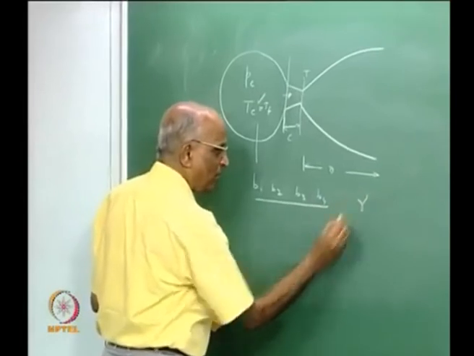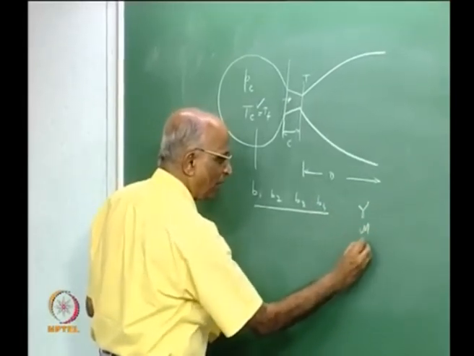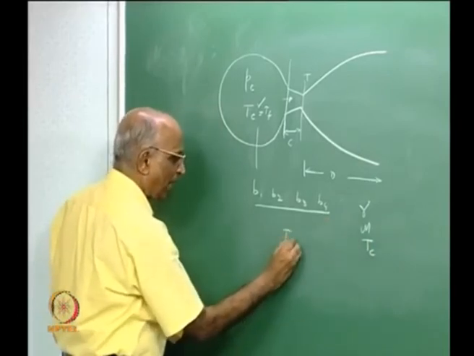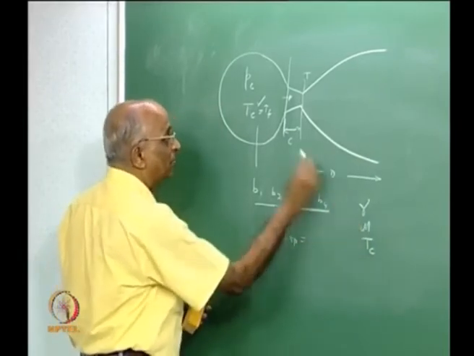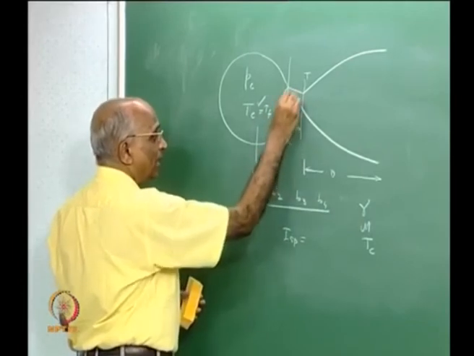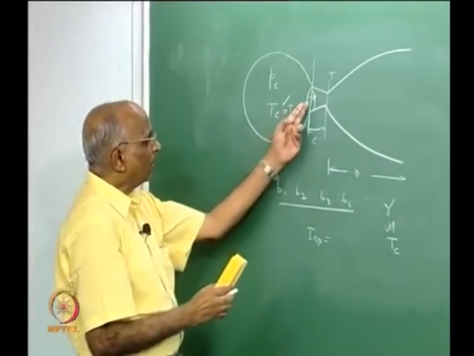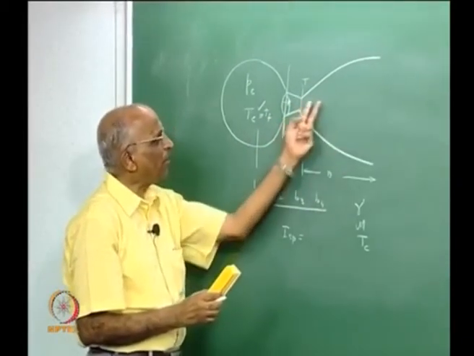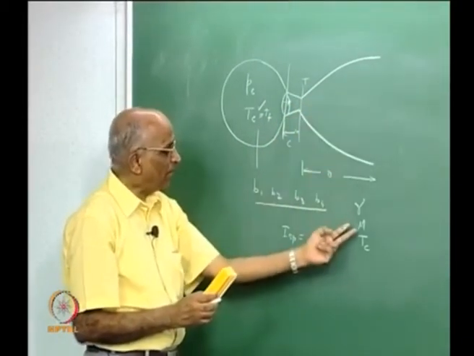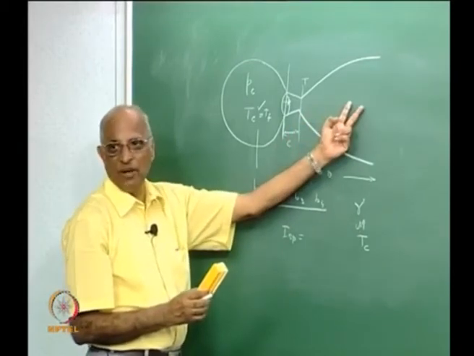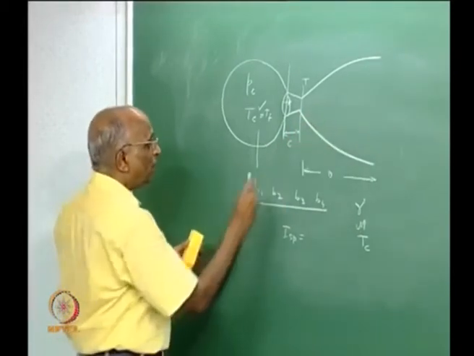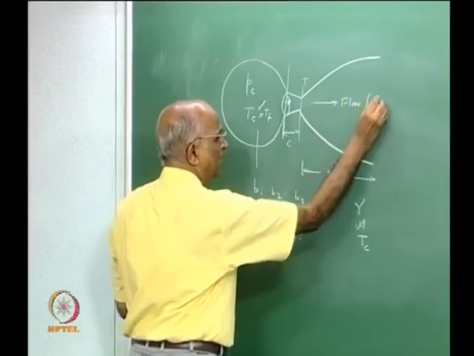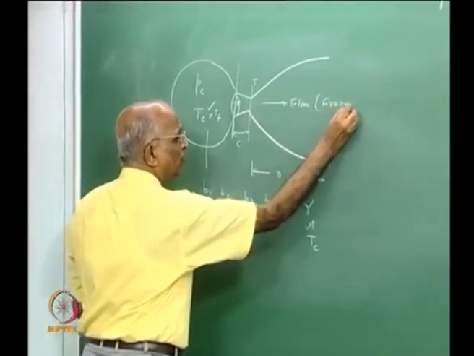I can calculate the value of gamma, I can calculate the value of M, I can calculate the value of Tc, and using the relation I got ISP for a one dimensional flow based on these products. In other words, I assume that the composition remains the same everywhere, the value of gamma remains the same everywhere, the value of molecular mass remains the same everywhere. That means the flow through the nozzle is taking place as if the composition were frozen.